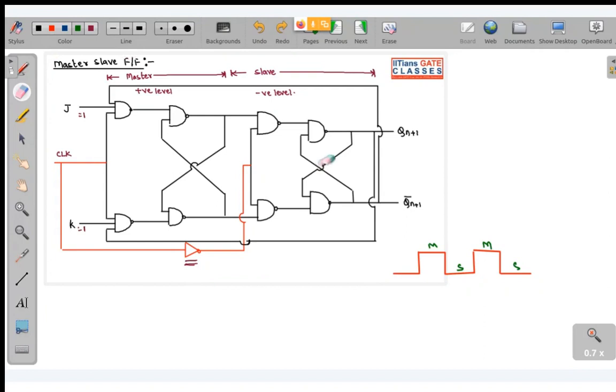So assume initially that Q is equal to 0. If Q is equal to 0, then what are you going to get? Now what is this Q?